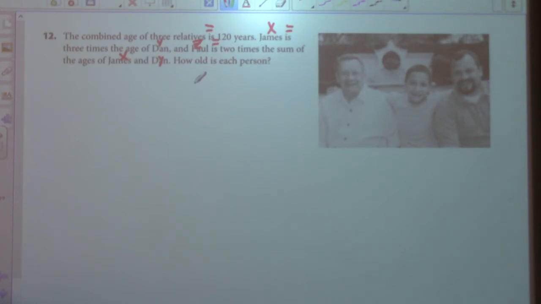So now, what systems of equations can we get out of that, Seth? The combined age of three relatives is 120 years.